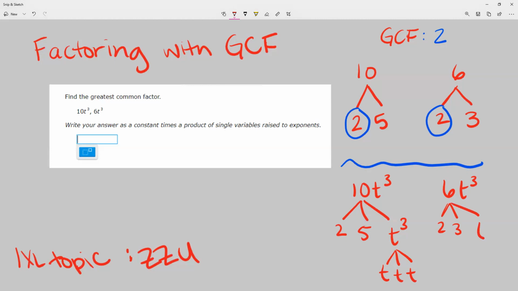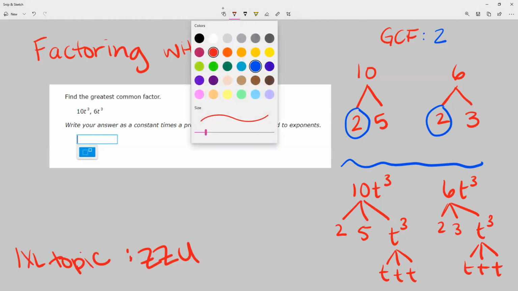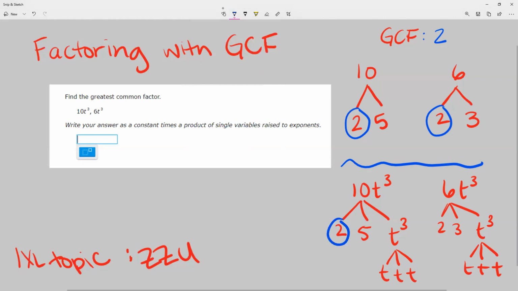But then if I do the t to the third, I need to look at it as t times t times t. So if I go through to find things at the bottom that match, I have a 2 here and a 2 here. Those match.